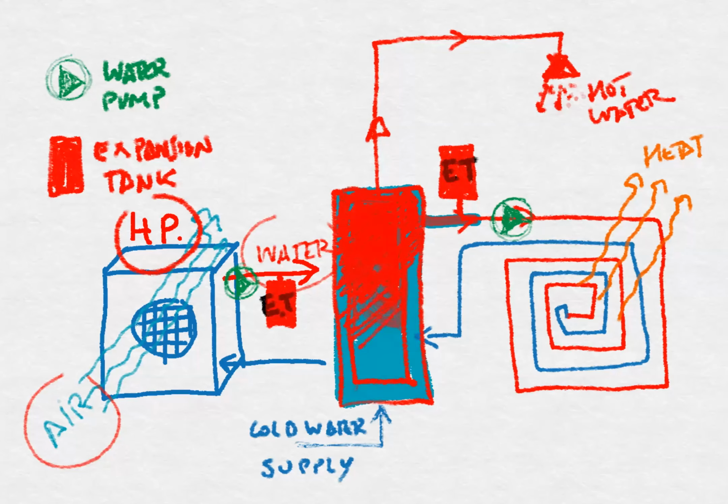So if we need to supply cold water, we need to supply it from the bottom. And if we need to supply hot water, we need to take this hot water from the top of the tank. We cannot take the hot water supply at the bottom of the tank and the cold water supply at the top of the tank. It won't work at all.